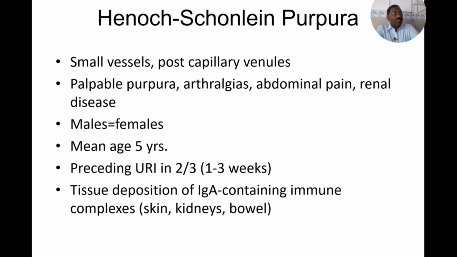History of upper respiratory tract involvement will be there, maybe in the form of a cold, or nasopharyngeal irritation, or pharyngitis, etc. There is tissue deposition of immunoglobulin A containing immune complexes in the skin, kidney, and the bowel. If you take the biopsy, they contain IgA vasculitis.